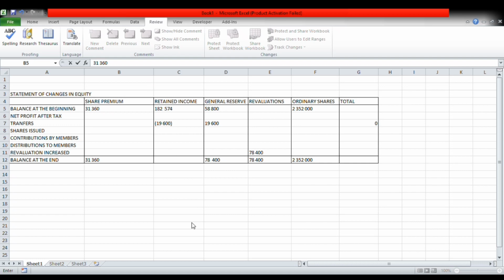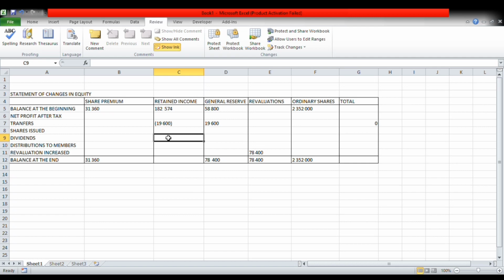So I forgot to include the dividends. Because we don't have the contribution to members, I will cancel this item and write dividends. Dividends are always indicated inside the brackets when we are dealing with the retained income.